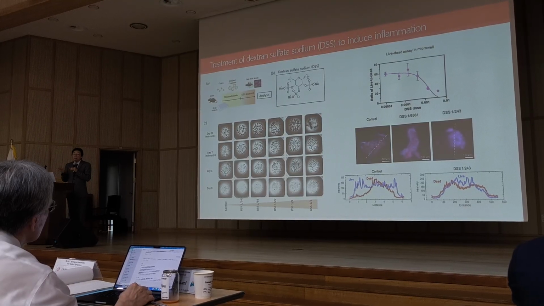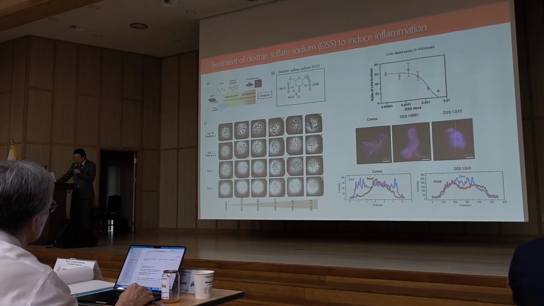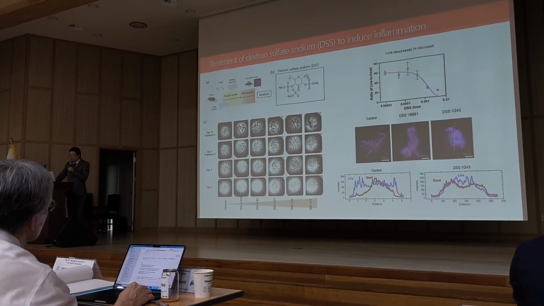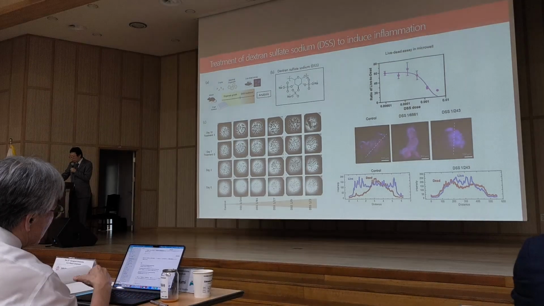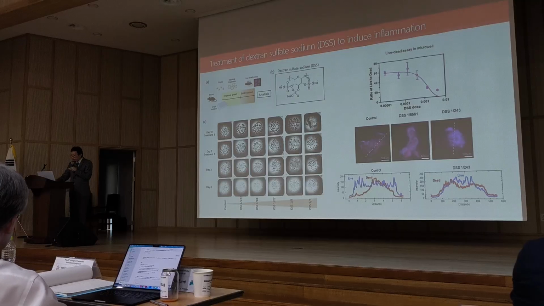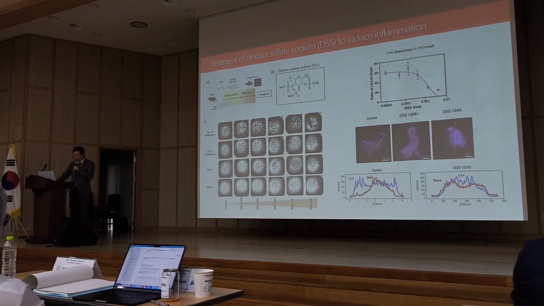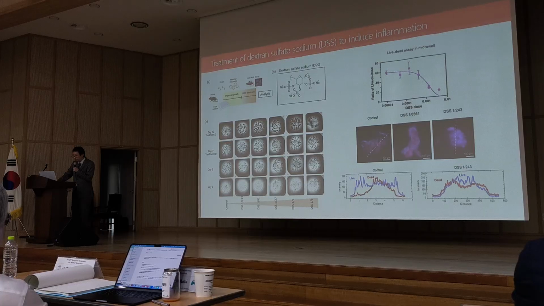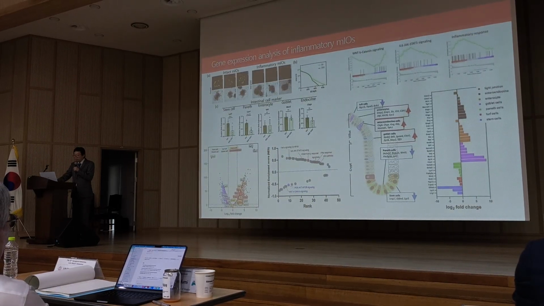So this apoptotic dead cell is accumulated inside the tight epithelium, while in the case of inflammatory organoid, the dead cells are spilled over, so distributed outside the organoid, which is one proof of induction of inflammation.